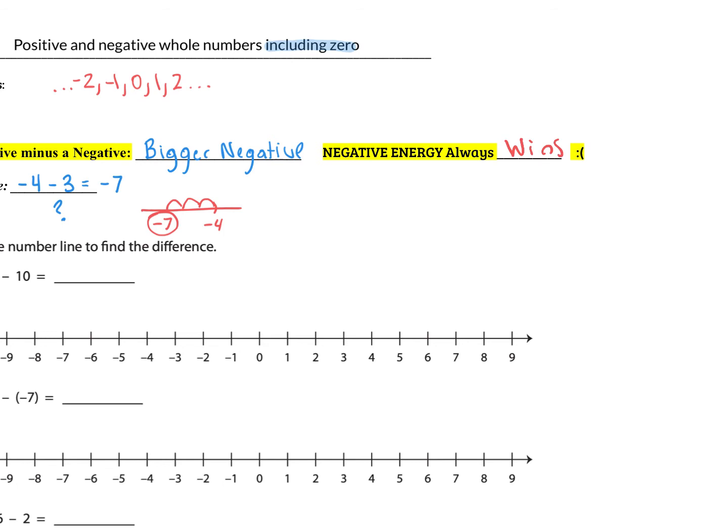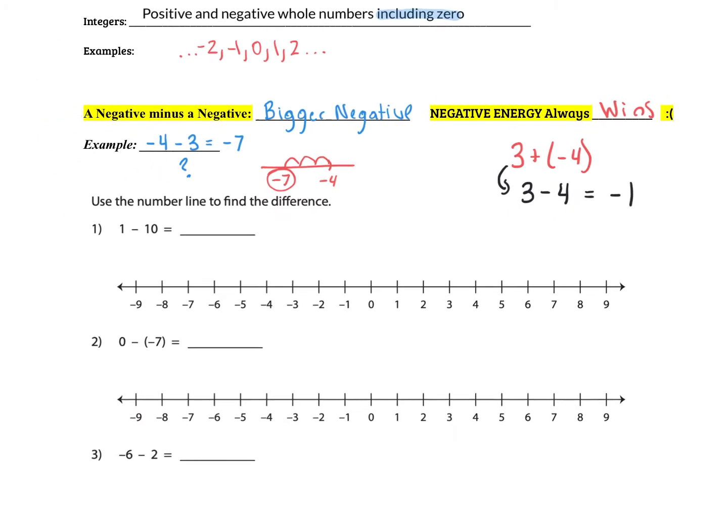And an example of that would be if we had 3 plus -4. By negative energy always wins, how can we rewrite this equation? We can rewrite it as 3 minus 4, which gives us -1.